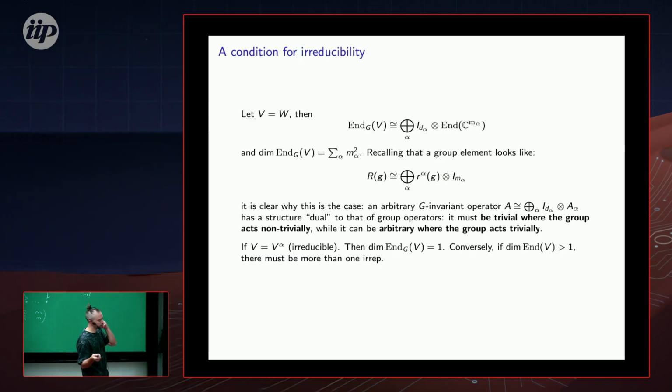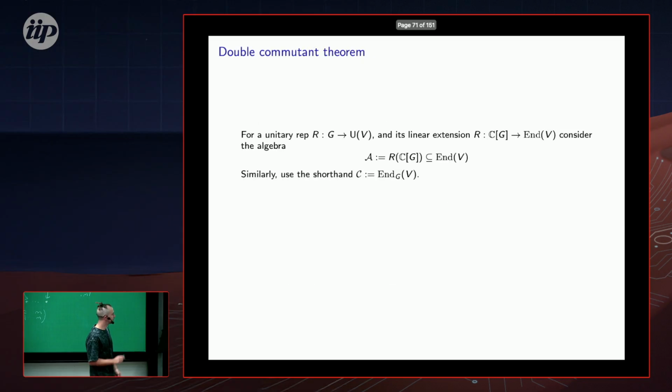We will soon see how to compute the commutant. Once you know how to compute the commutant, you can compute its dimension and test if it's 1, it's an irreducible representation. If it's more than 1, there has to be more than one irrep. If you take the dimension of the center, this will tell you how many irreps there are without counting multiplicities.